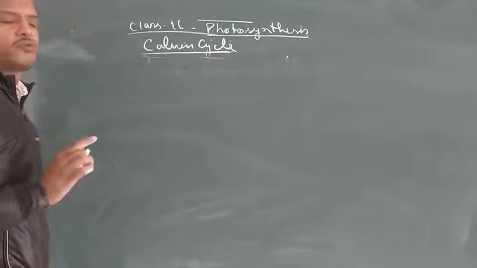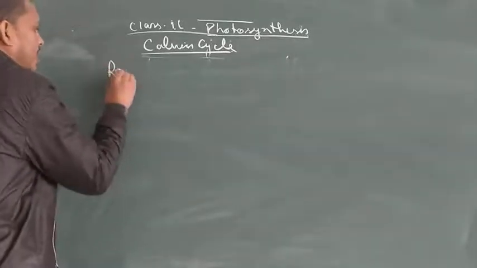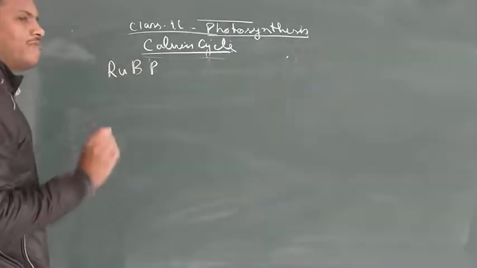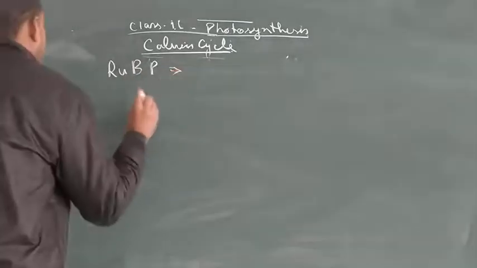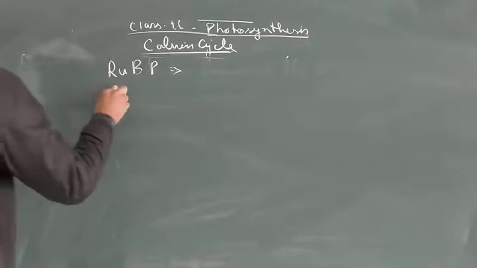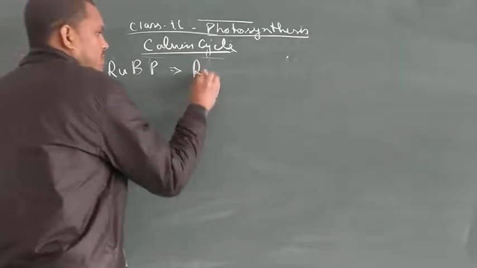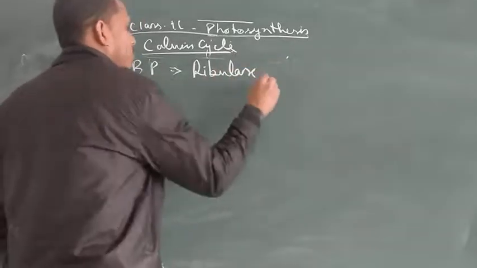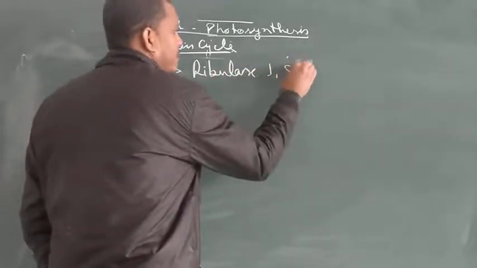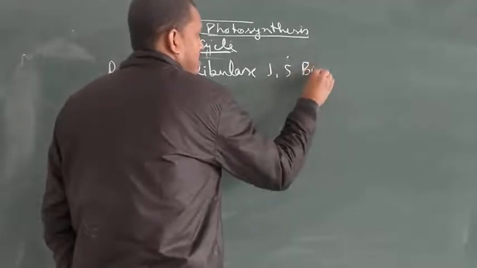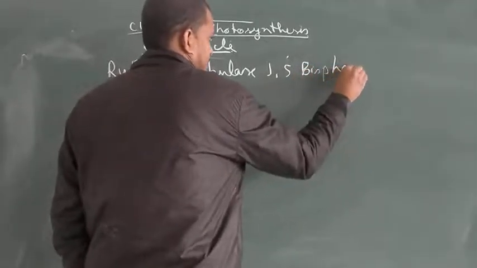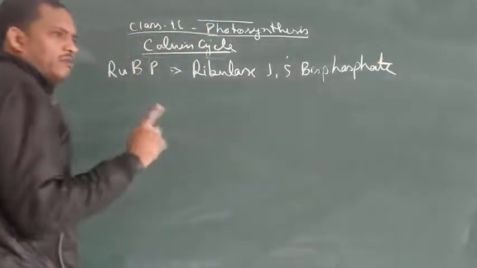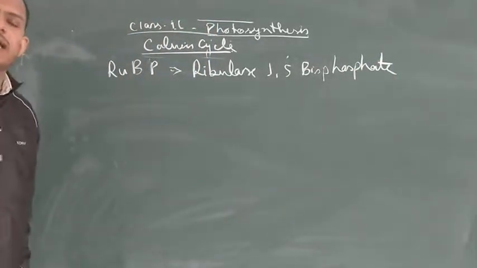RUBP, ribulose 1,5 bisphosphate. This is the carbon dioxide acceptor.